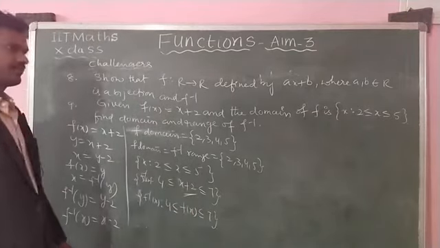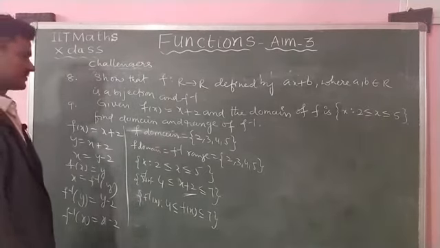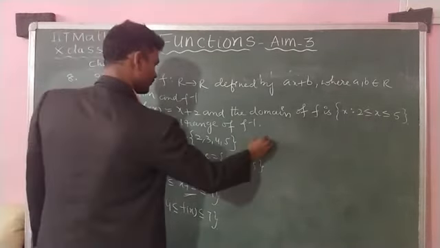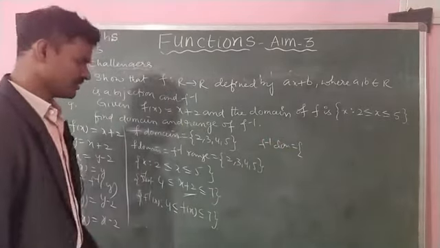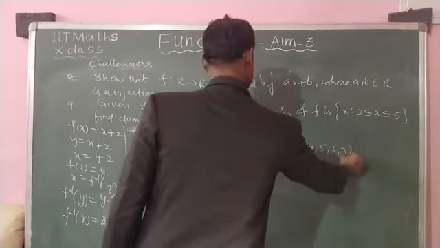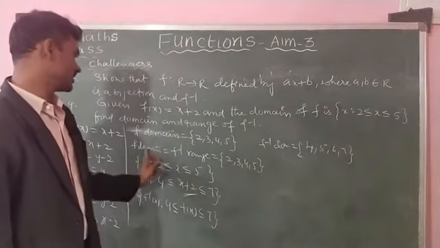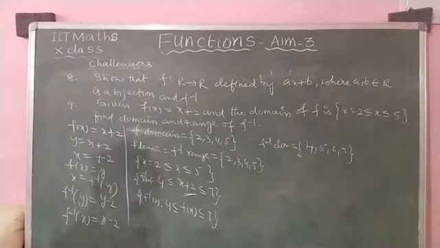Now this is f inverse domain, which is equal to 4, 5, 6, 7. You can write here f inverse domain is equal to the set of 4, 5, 6, 7. See, this is f inverse range, f inverse domain. Note down.